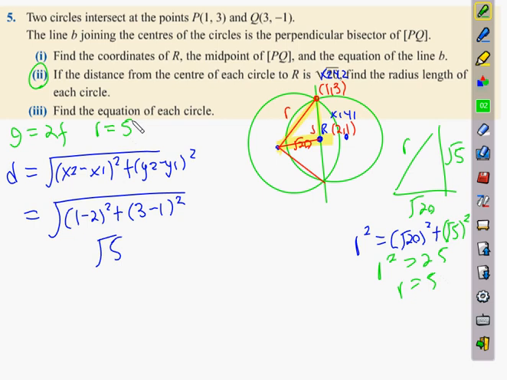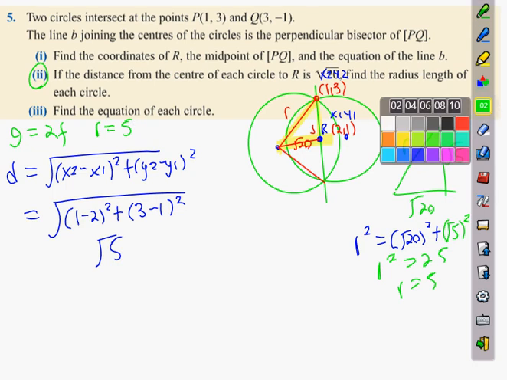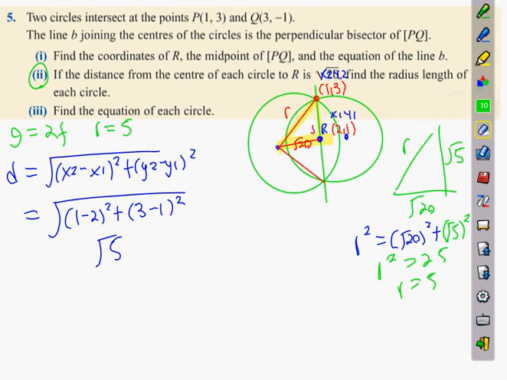Next thing, find the equation of each circle. Now, it says 2 circles, right? Now, here's where the last part comes in, and this is quite a difficult decision to make. I'll show you now what I'm thinking.